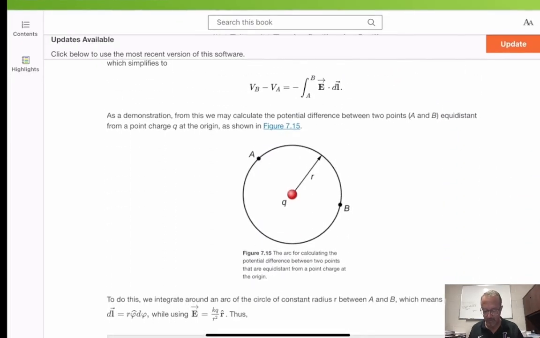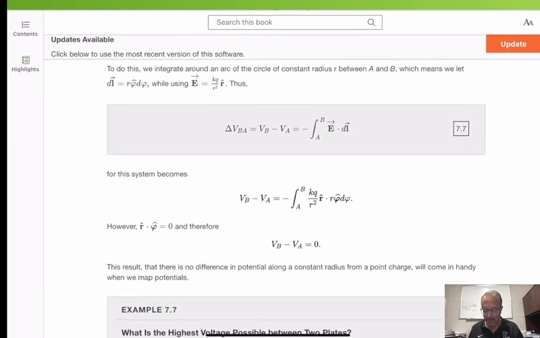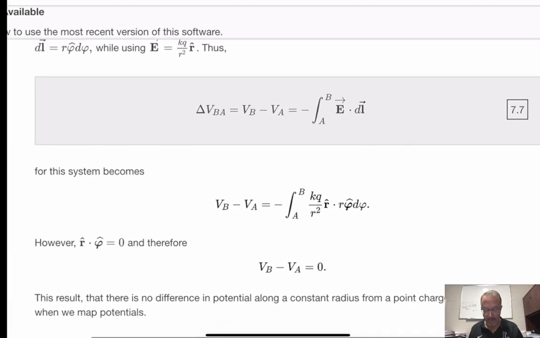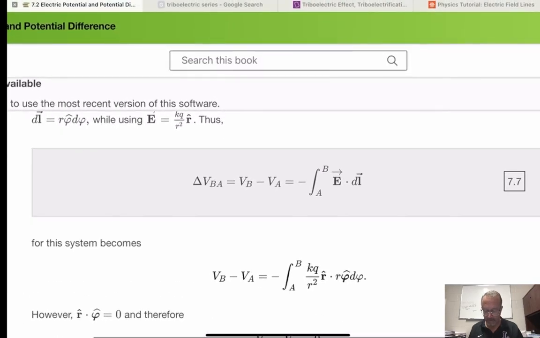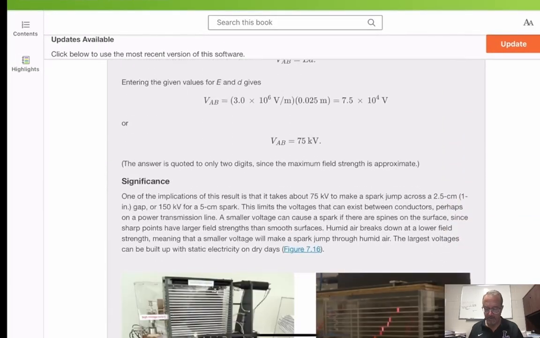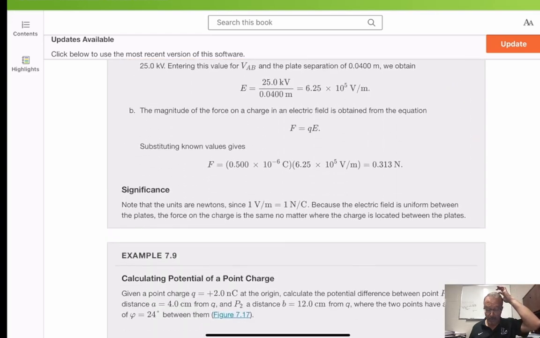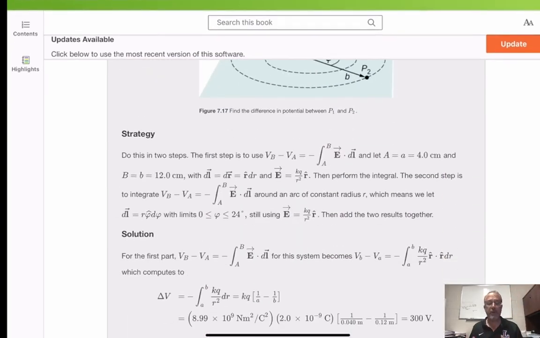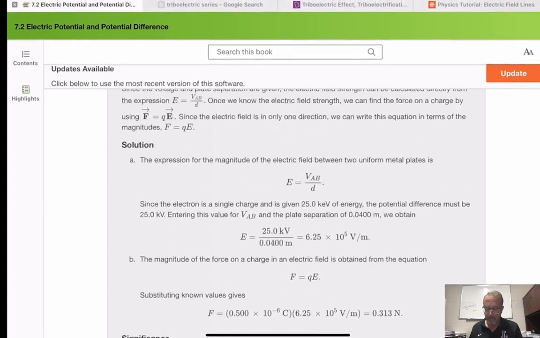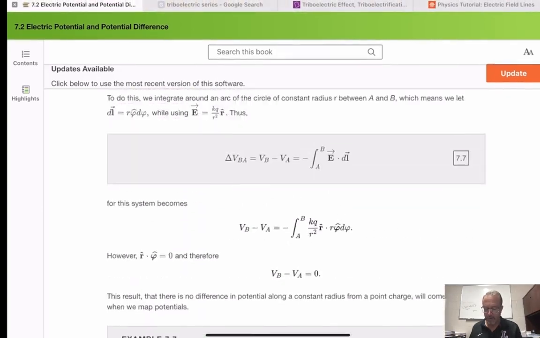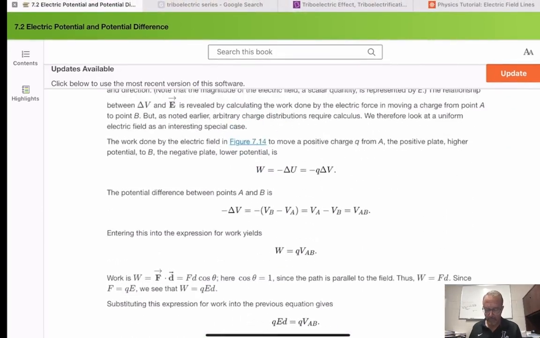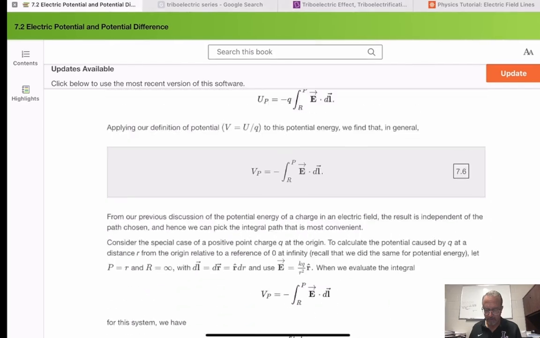That is not true for an isolated point charge. In fact, the situation is more like that. You have to integrate, and that's where you get V equals KQ over R. So just keep in mind the different expressions for voltage potential from a point charge and from a uniform electric field.